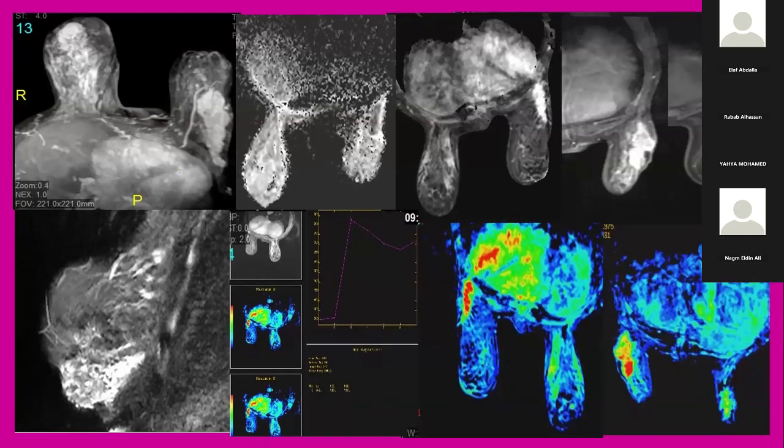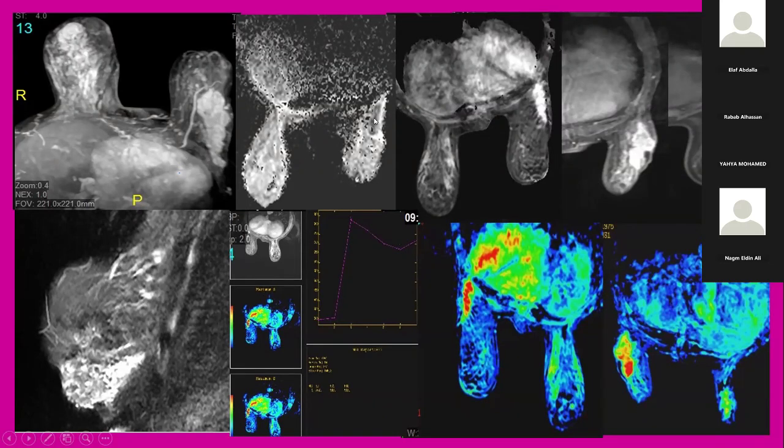Going to the left breast lesion. Here in this image, you can see both. That is the right one, and here we can see the left one, which appears micro-lobulated. Can you see the large vessels going to that lesion?